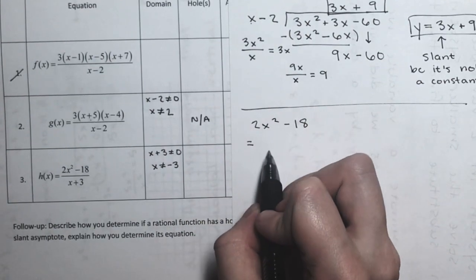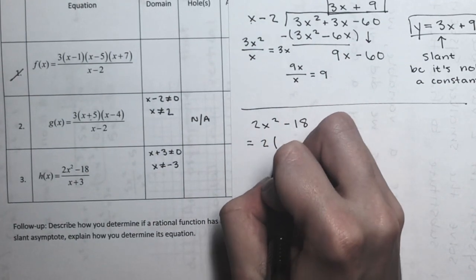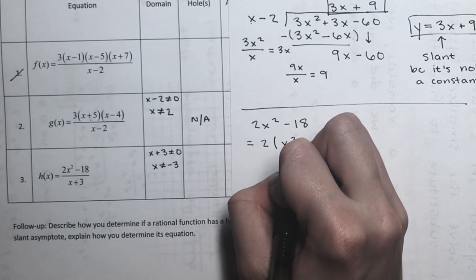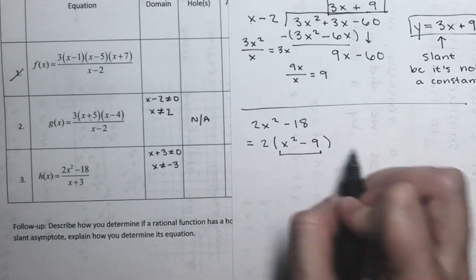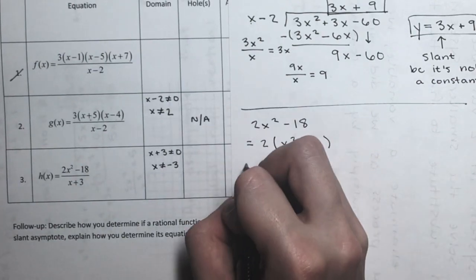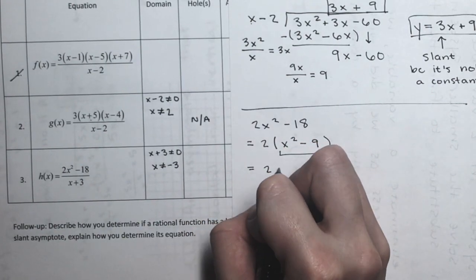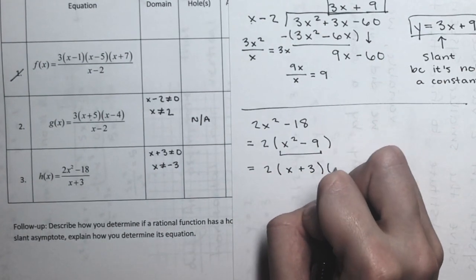So what do we have in common here? Well, definitely we can pull out a 2. That leaves us with x squared minus 9. What do we recognize this as? Hopefully we recognize it as a difference of squares. So we have x plus 3 and x minus 3.